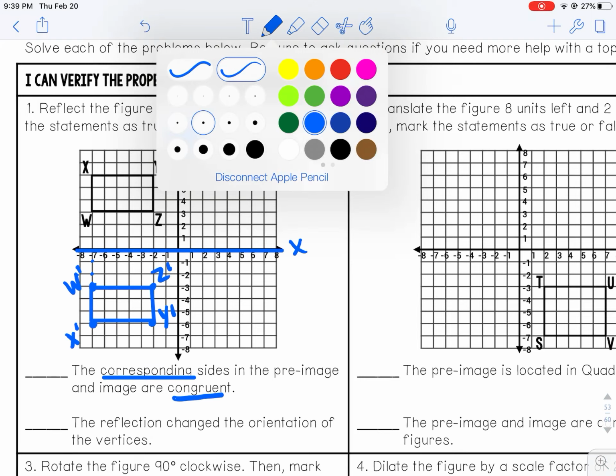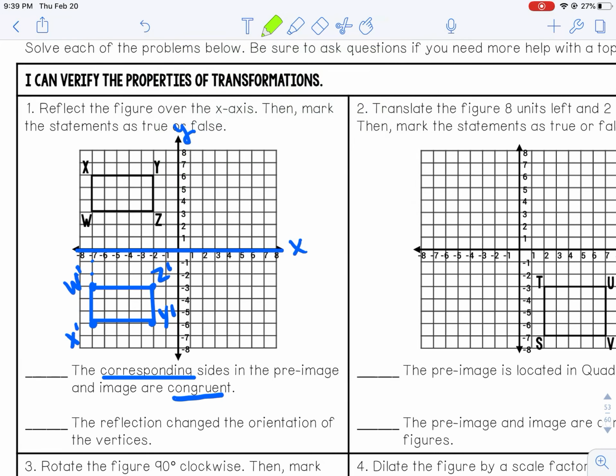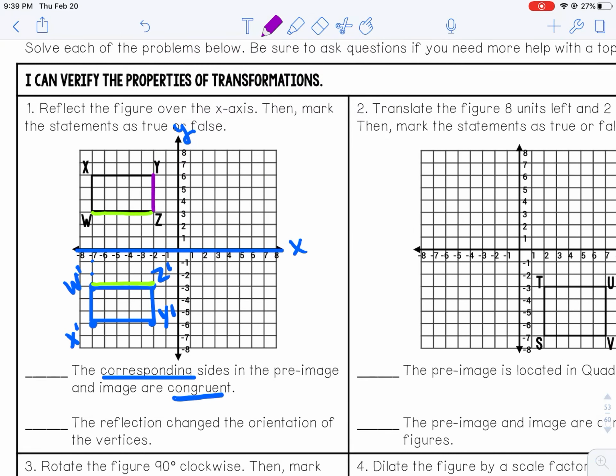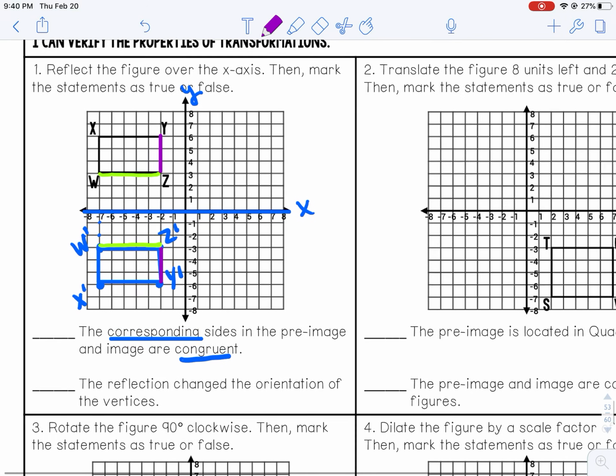I'll change the color so you can see it a little better. Let's do it with green. WZ on the pre-image is going to correspond with W prime Z prime on the image. And YZ in the pre-image is going to correspond with Y prime Z prime in the image. So answer that question there.